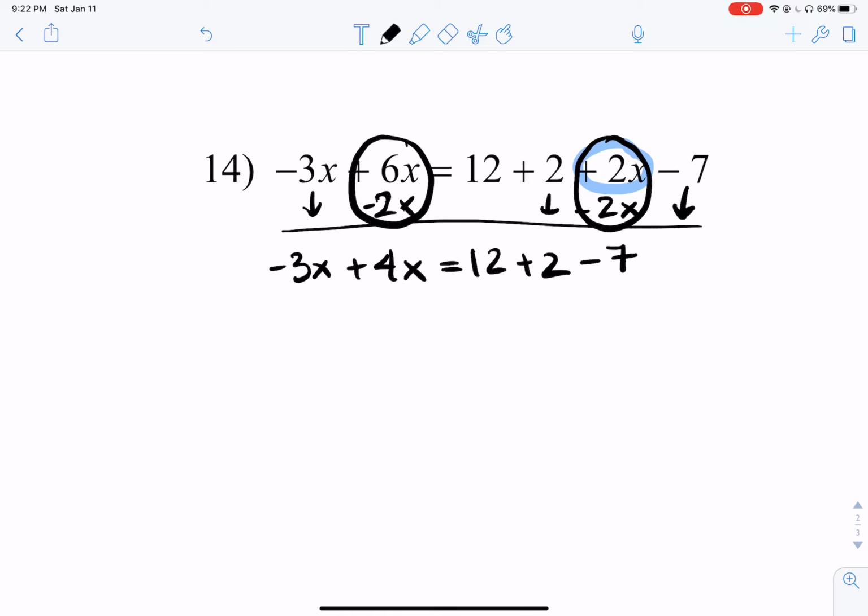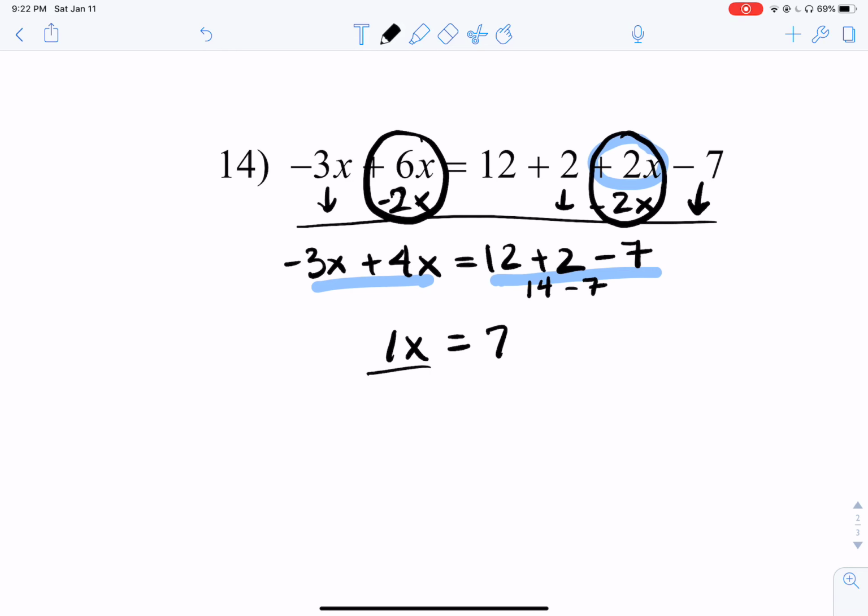All I do now is simply combine terms. These two terms could be combined, which is equal to positive 1x. And these three terms are alike, so I can combine all of those. 12 plus 2, that's equal to 14. And 14 minus 7 is equal to 7. So then I divide by 1, and the value of x is 7.